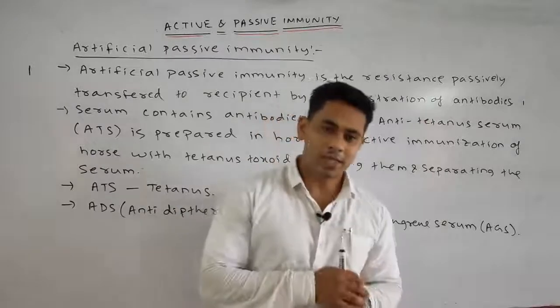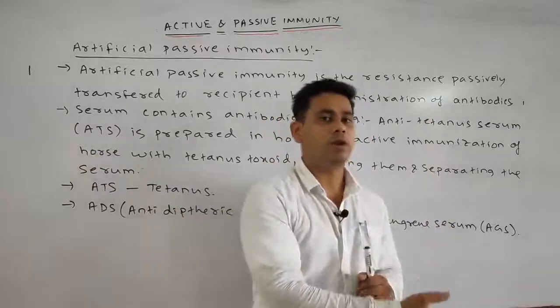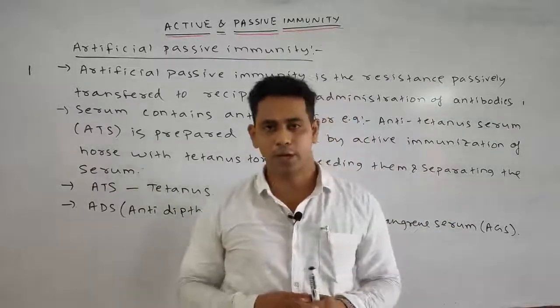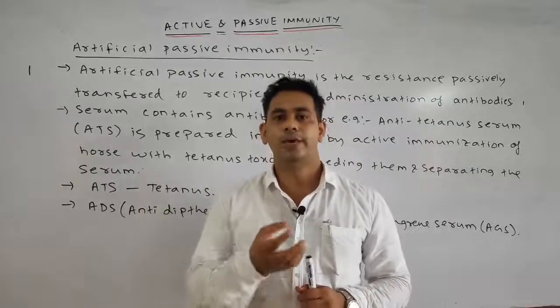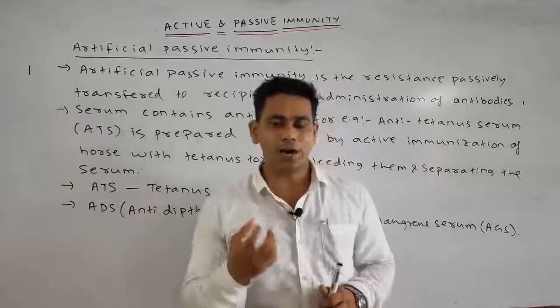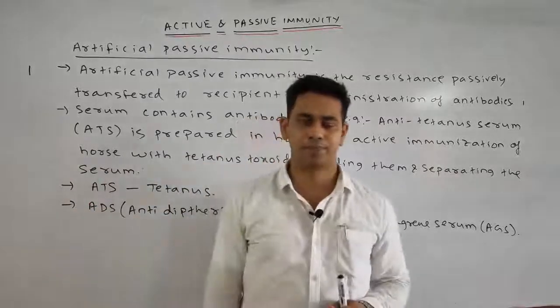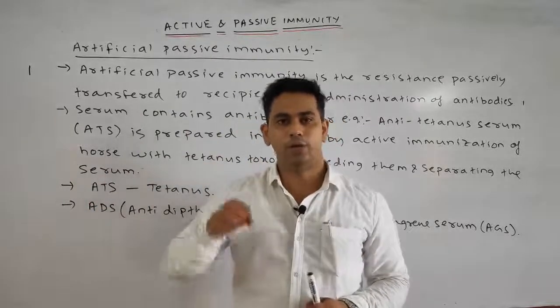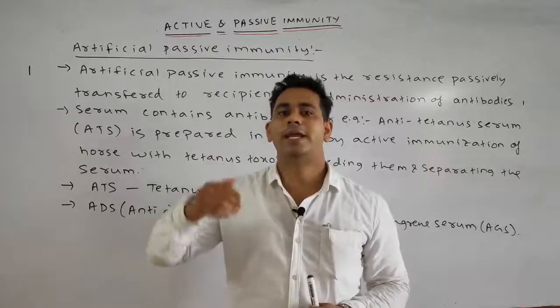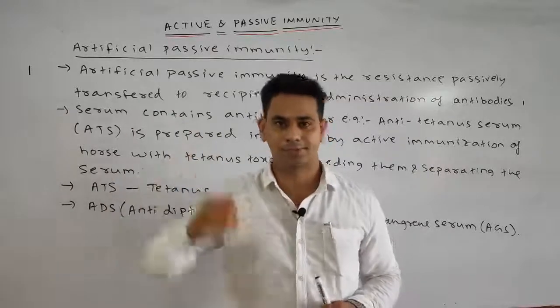When the animal produces that antibody, we can take it out from the serum by bleeding and introduce it into the recipient's body, by which that antibody will help in fighting against the particular pathogen.